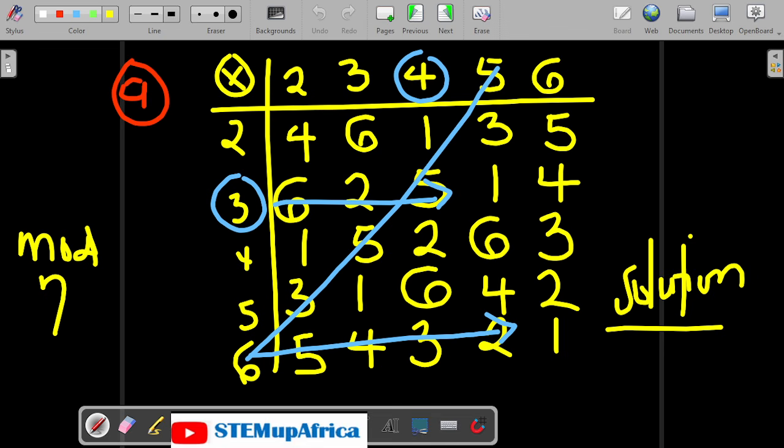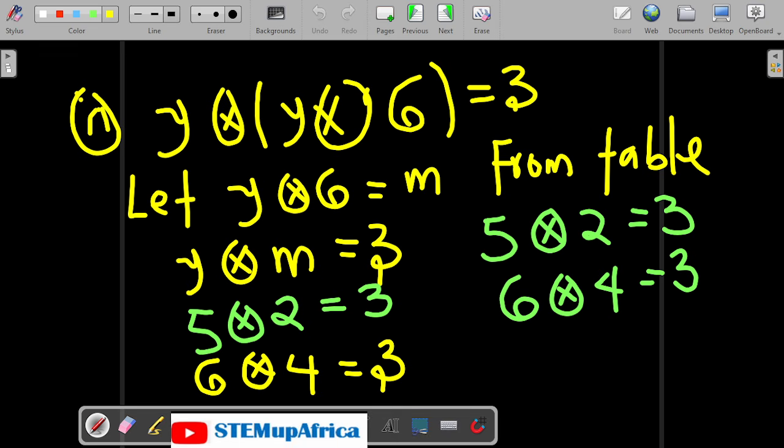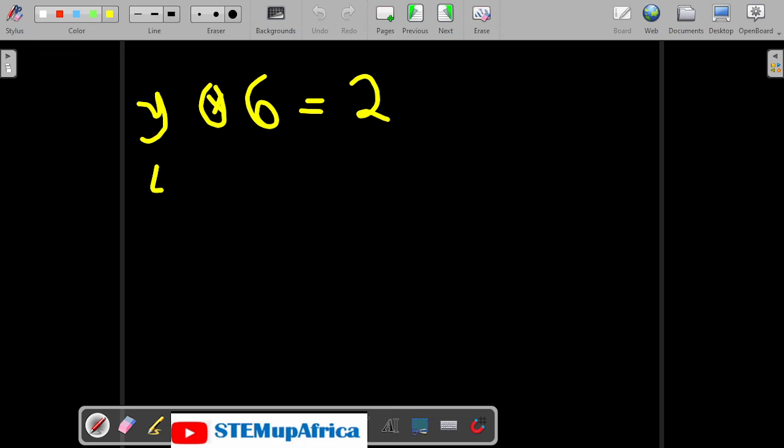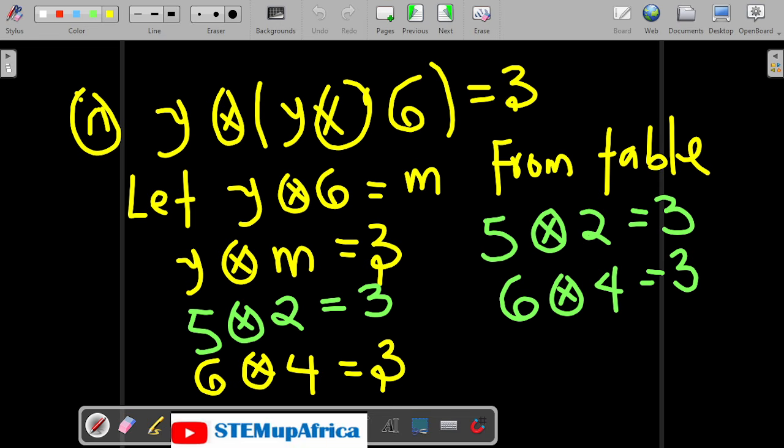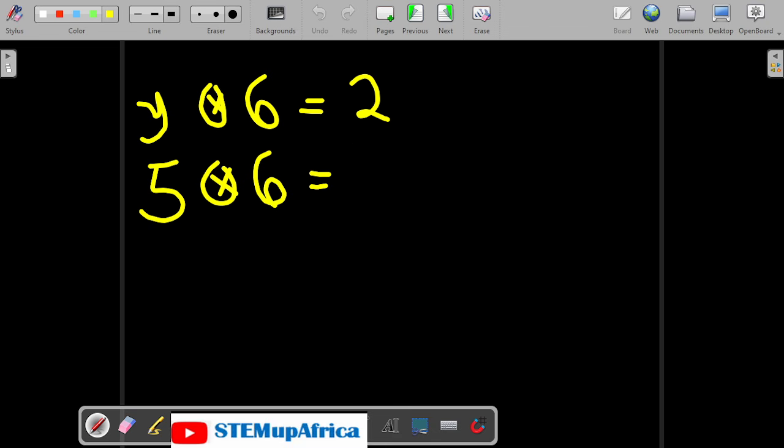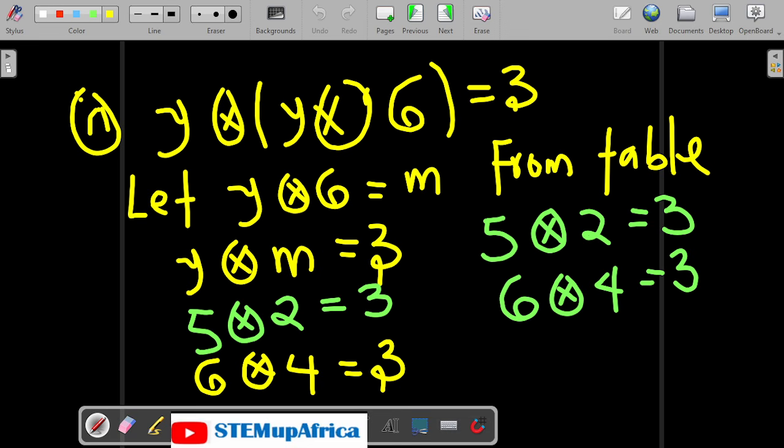You can see 6 and 5 give us 2. So we're going to have 5 times 6, the result is 2. And therefore that means my y could be 5.